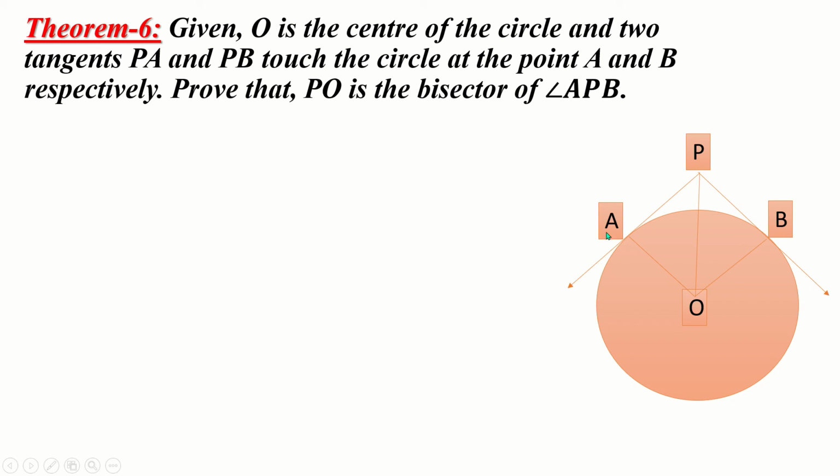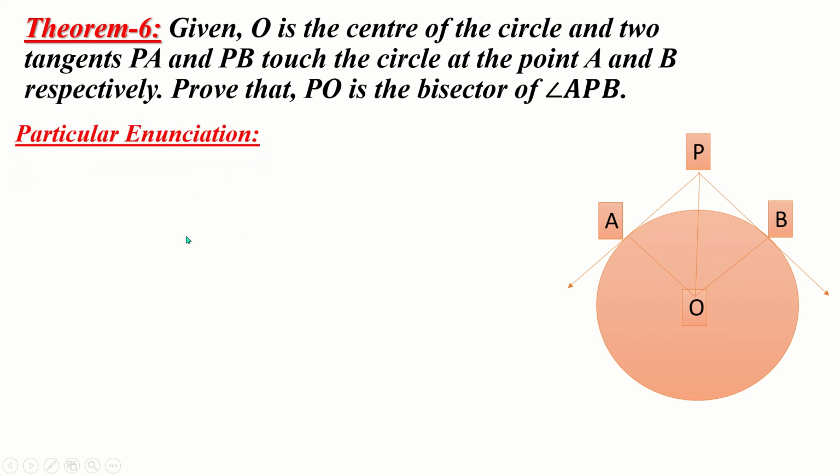Clear? Here PA and PB are two tangents which touch the circle at the points A and B. So A and B are the points of contact. Join OP. It is required to prove that PO is the bisector of angle APB.